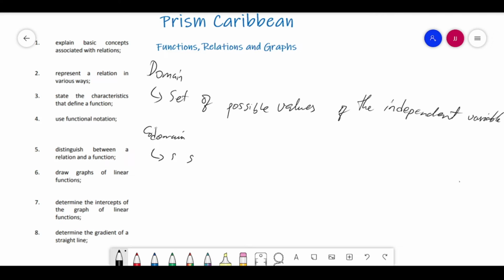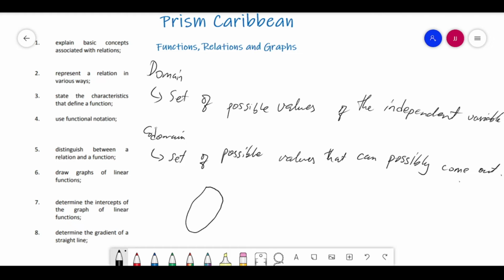This codomain is a set of possible values that can possibly come out. So in this case we will have a domain which will look like this.